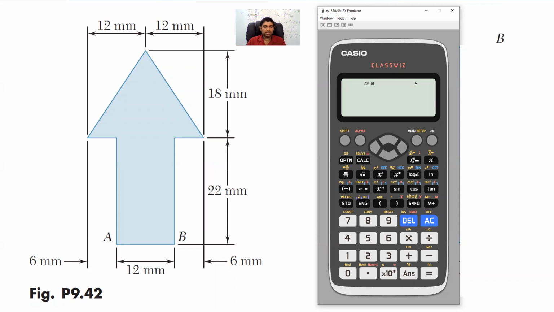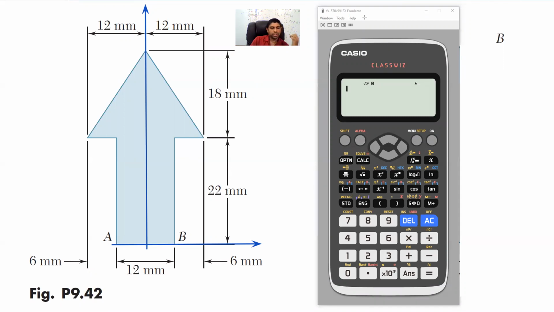The easiest coordinate system that we can select is the x-axis like this and the y-axis like this. Then it is easy to do the calculation. We can calculate Ix, Iy first, then use the parallel axis theorem for the whole one and find Ix bar, Iy bar. That is my objective.